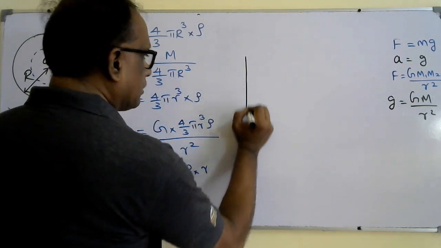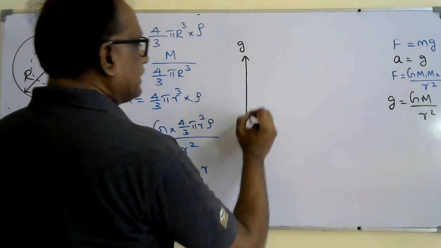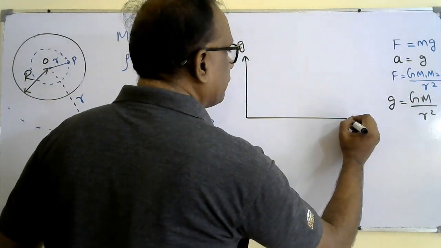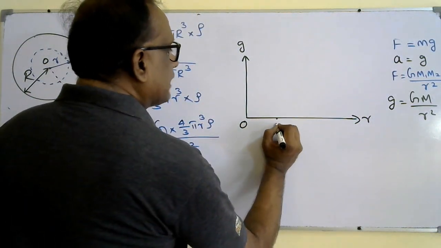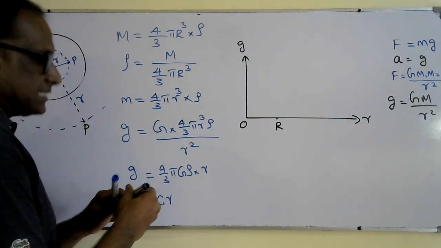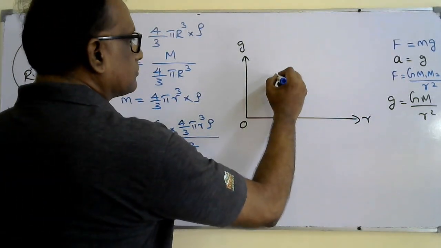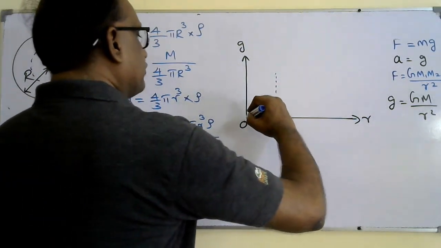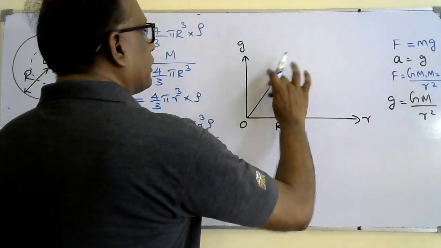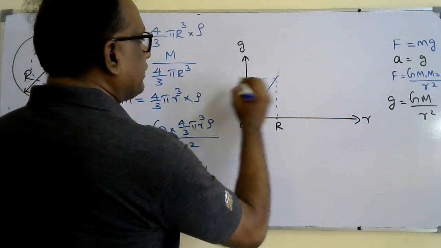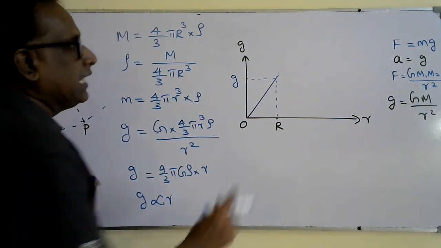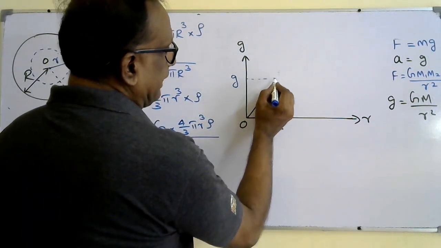So now if I plot the graph, gravitational field strength from the center of the planet, how it varies up to the radius of the planet, the graph will be a straight line. So graph will be a straight line because g is proportional to r, this is the gravitational field strength on the surface of the planet.